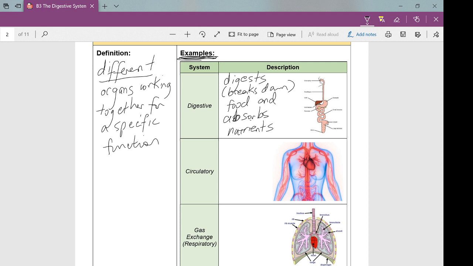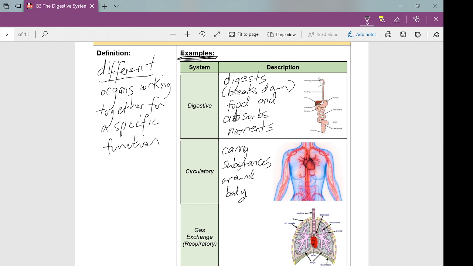Okay. The circulatory system, its function is to carry substances around the body. I say substances, don't be vague, like don't just say it carries blood around the body, because if you just said carries blood around the body, what's the point in blood then?